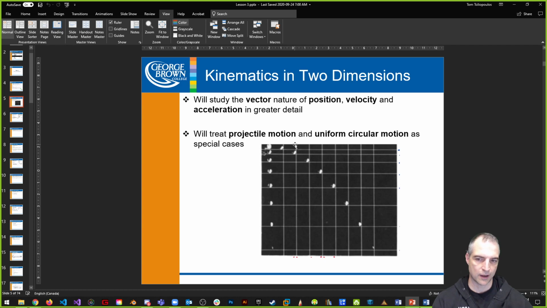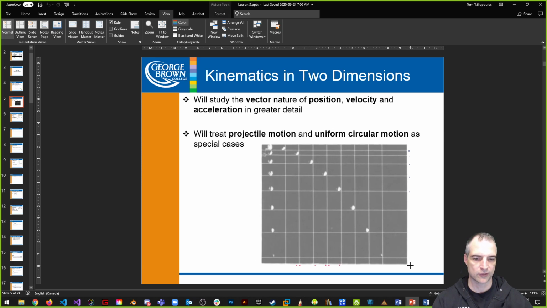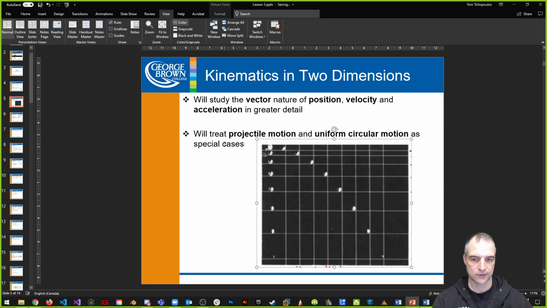You can see that on the x-axis, it's consistently the same amount. It doesn't change. However, on the y-axis, we see the separation of the ball on every time frame fall further and further. And this is due to gravity's acceleration towards the center of the Earth, whereas there is no acceleration on the x-axis at all. This observation is something that we're going to be using throughout some of the things that we're talking about here in this section.